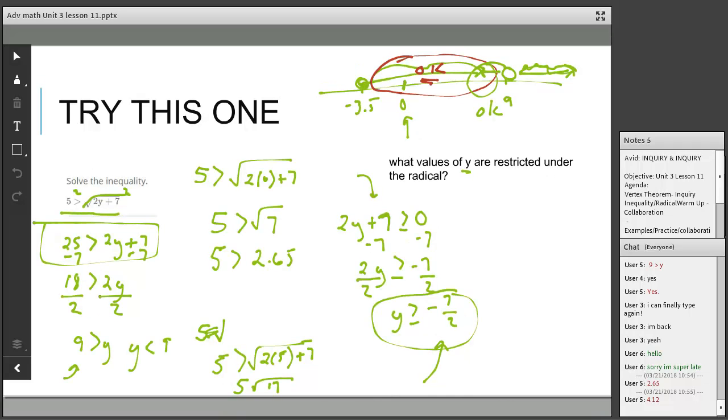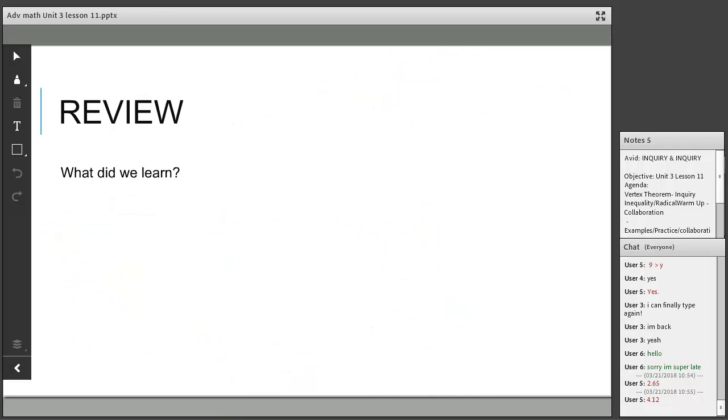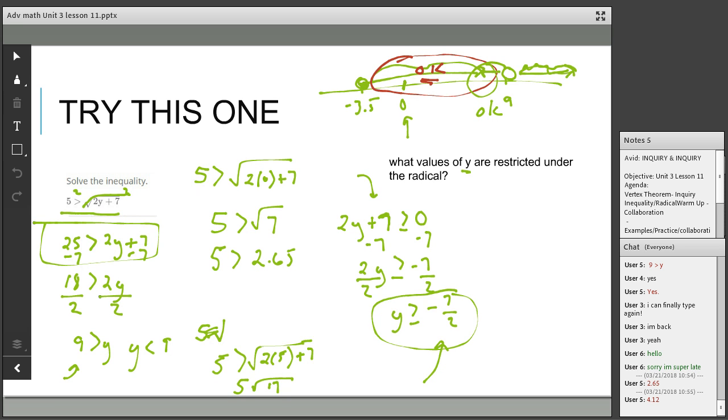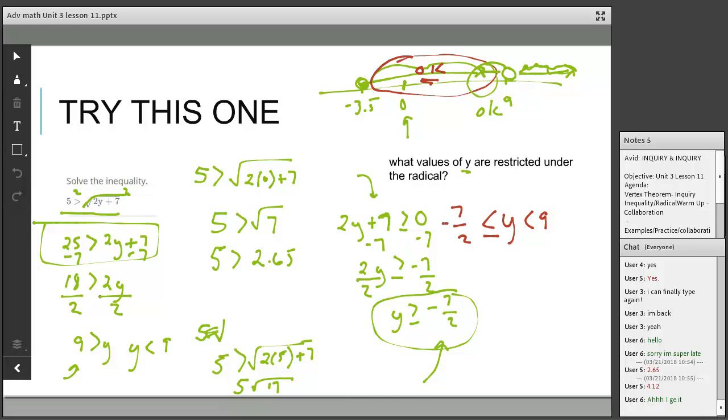So if we look at our possible answers on this, we would rewrite this. Sorry guys, don't go dizzy doing that. Our answer set would be that y is less than 9 and y is greater than or equal to negative 7/2.